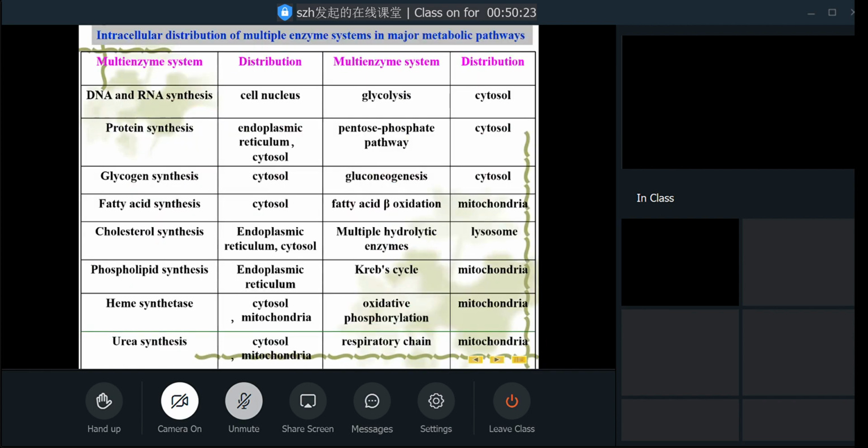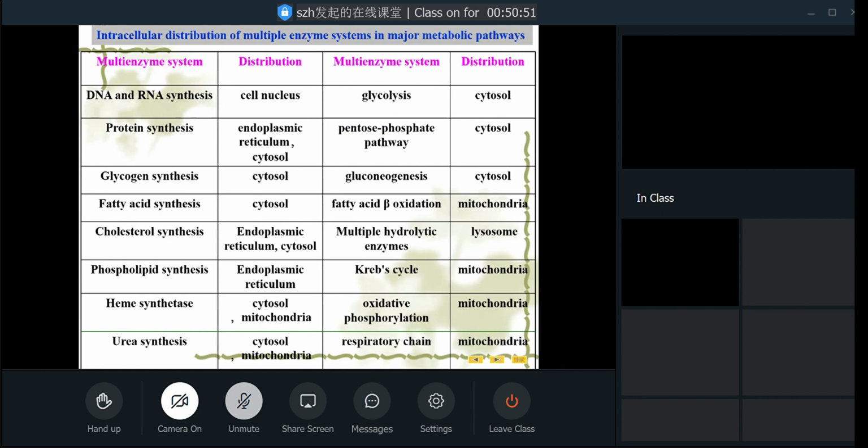You can see glycolysis is in the cytosol, and urea synthesis. I summarize in this table.